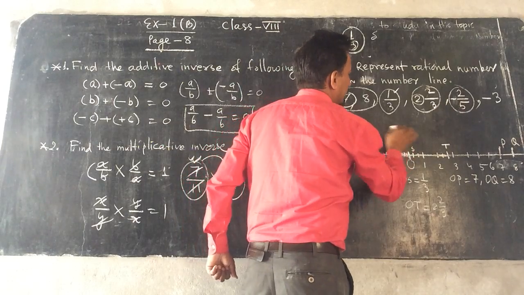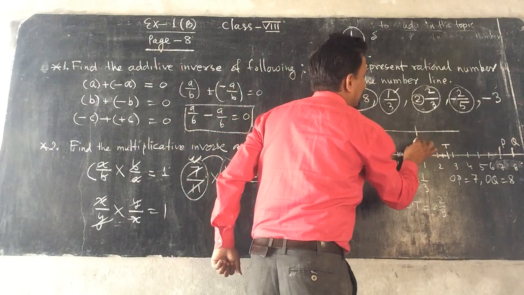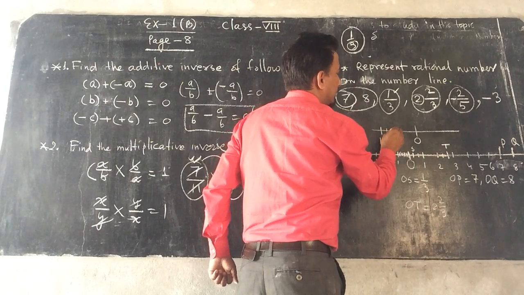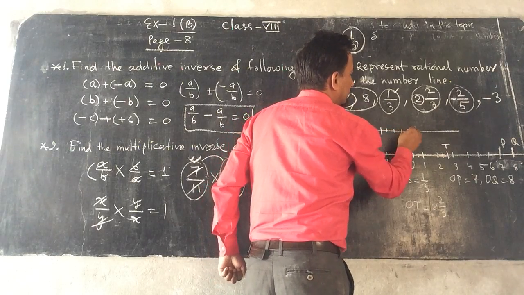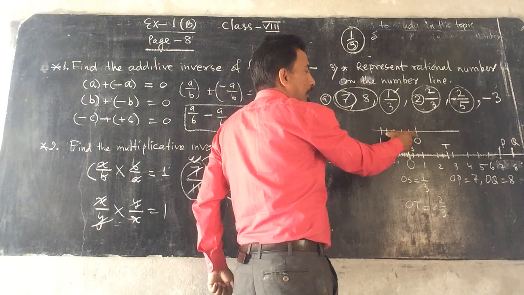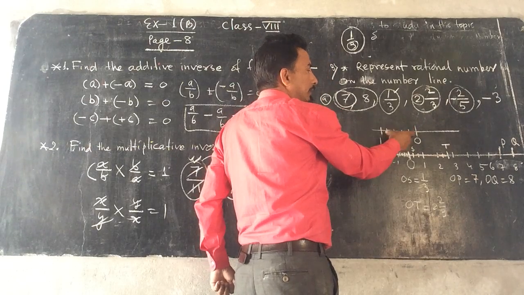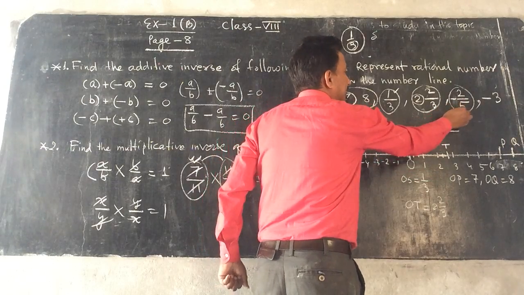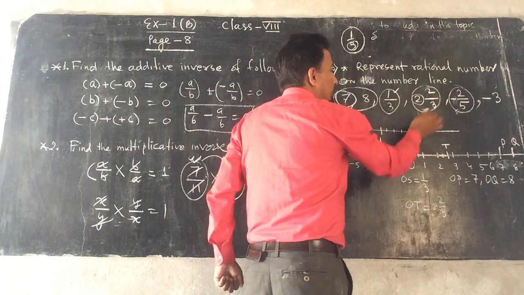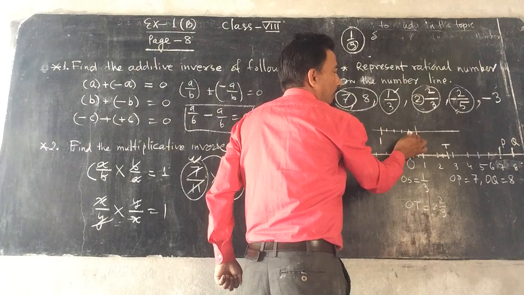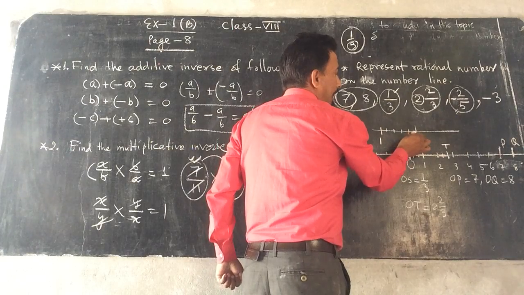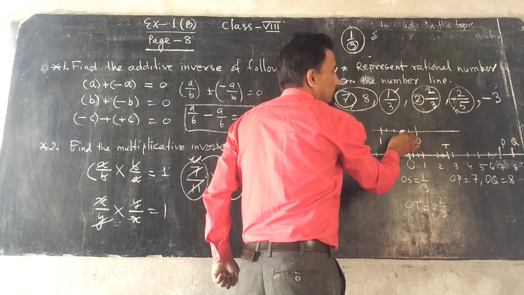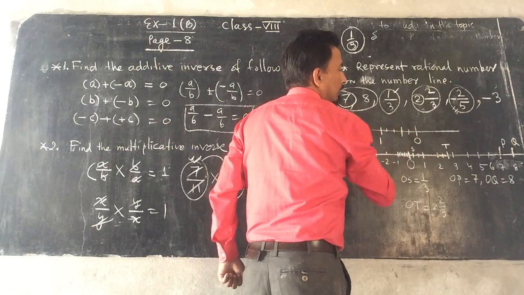In that way it is not so visible, so I have drawn another number line to show you. Suppose it is 1. Then you have to divide it in this way: 1, 2, 3, 4. So the one unit part is divided into 5 equal parts. Now how to represent this? Very simple. 2 parts. From here you see, 1, 2. Out of all 5, 2 parts are here.